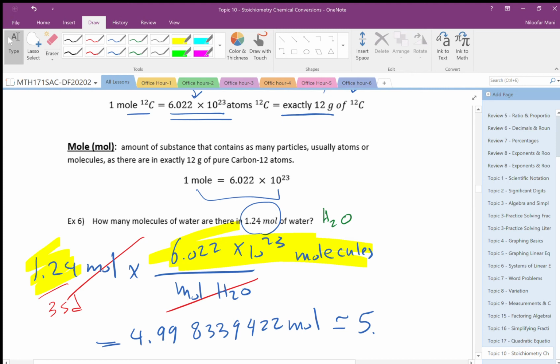I can consider just 1.24 mole, which has three significant digits, and then round to three significant digits. So the answer is 7.47 times 10 power 23 molecules of water. Oh, sorry, it says how many molecules, so it is molecules that is left.